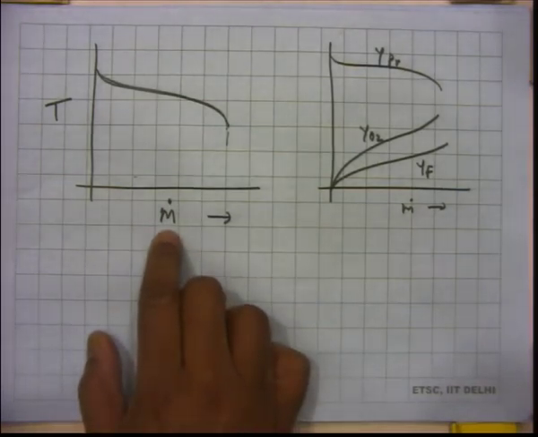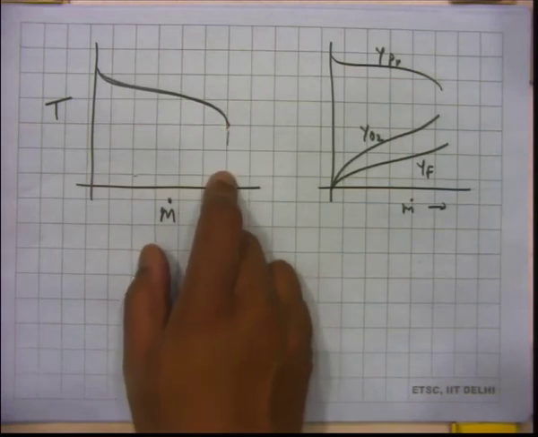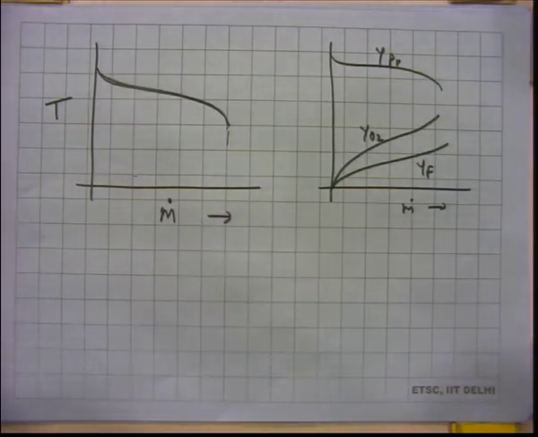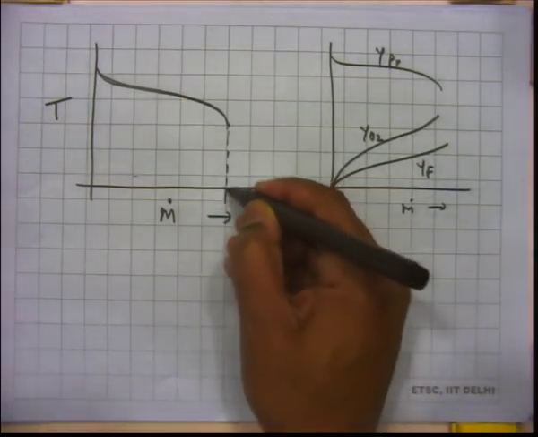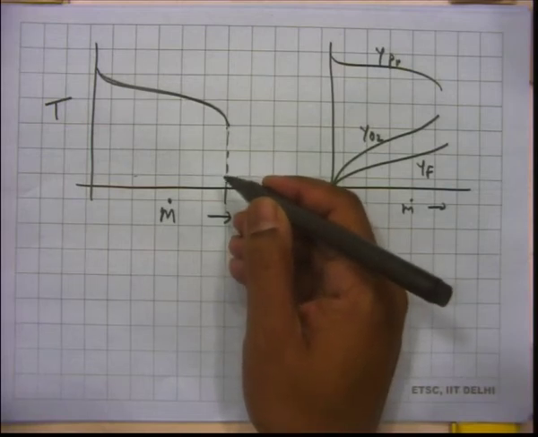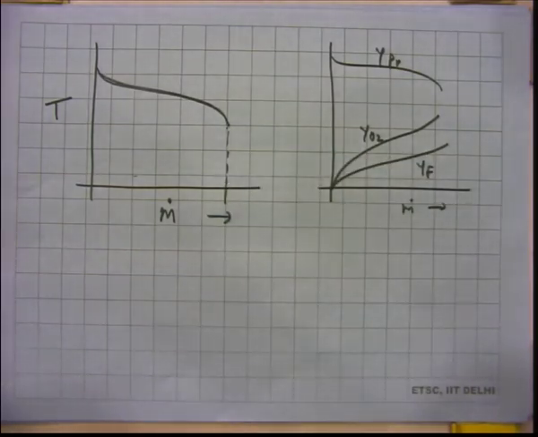You increase m dot, you see that temperature will drop suddenly at a certain value of m dot. We understand this now, because at this value of m dot, the residence time has become so small that the reaction does not take place, so the temperature actually drops. So, that is blowout.